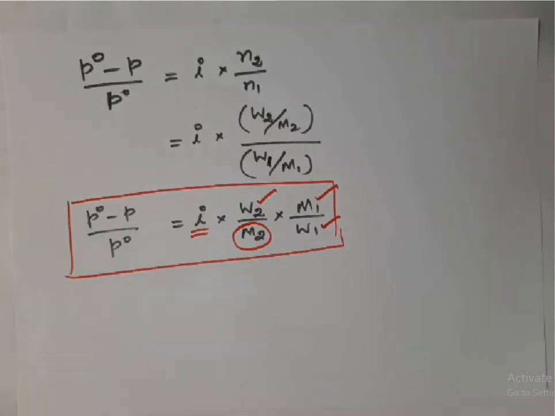Suppose I give some unknown solute, you can determine its molar mass using this formula. Colligative property studies are very useful for the determination of molar mass of solute. Take down.